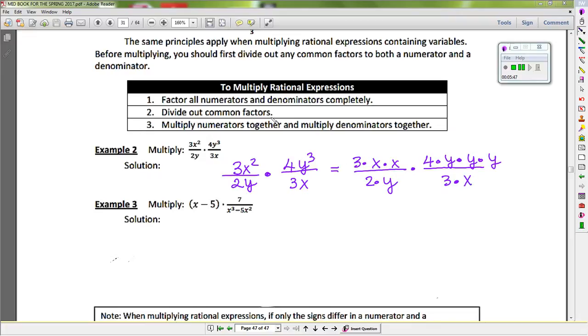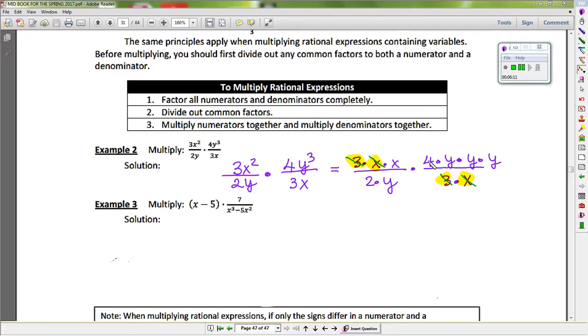So step 2, we're going to divide out common factors. Compare your numerators and your denominators. Here we have the 3 as a common factor and the x as a common factor, so we divide them out. The 3 is gone, and the x is also gone.